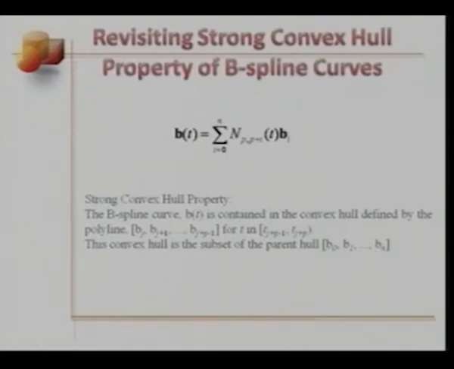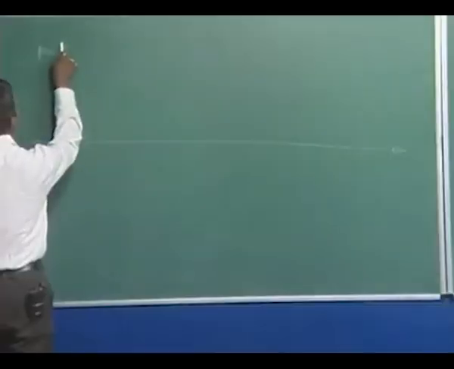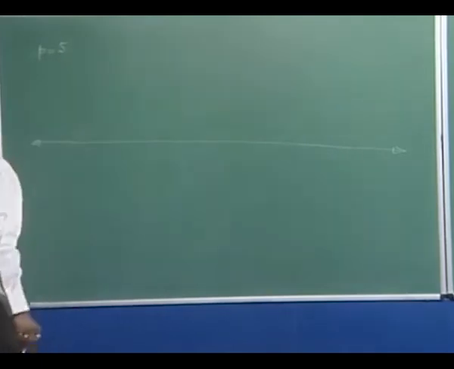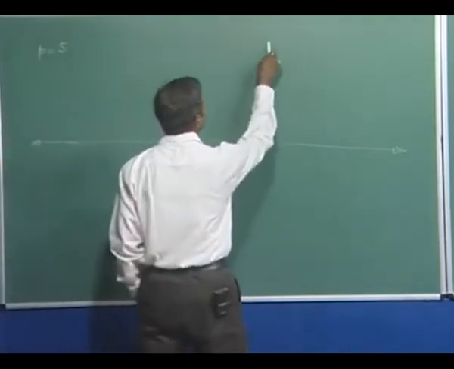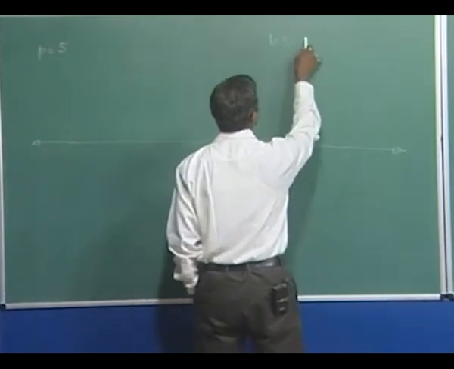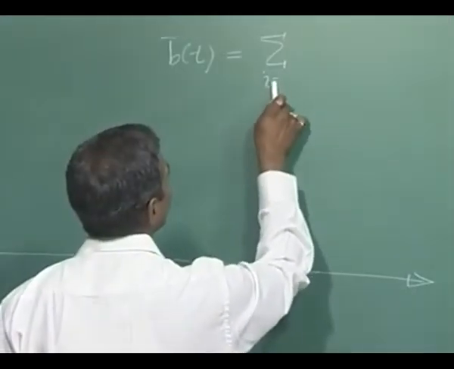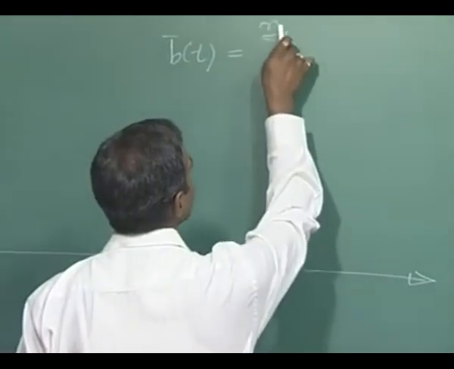Just in case you think you are getting lost in these indices, let me try to explain how this property works on board. Let's try to work with order 5 B-spline basis functions. We have the definition of the B-spline curve, b of t, it's a vector, equals summation i going from 0 to n.